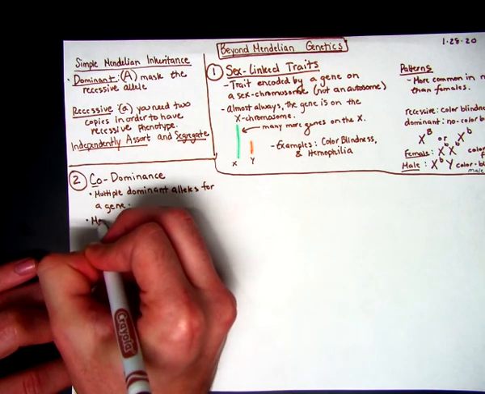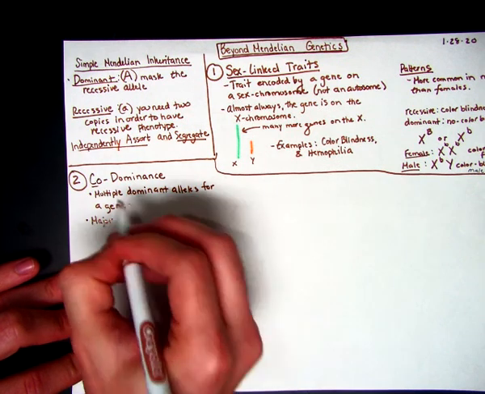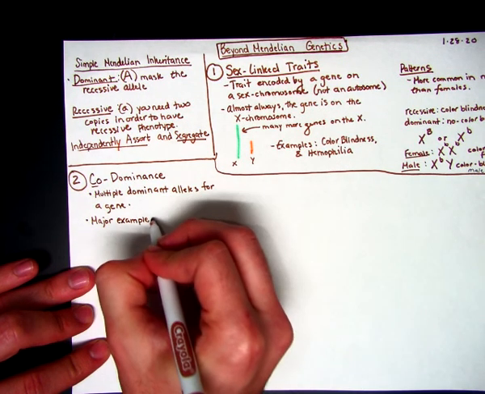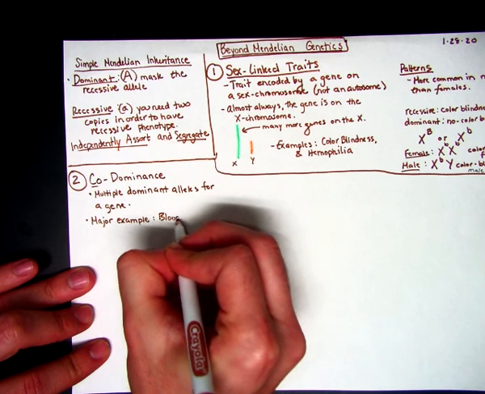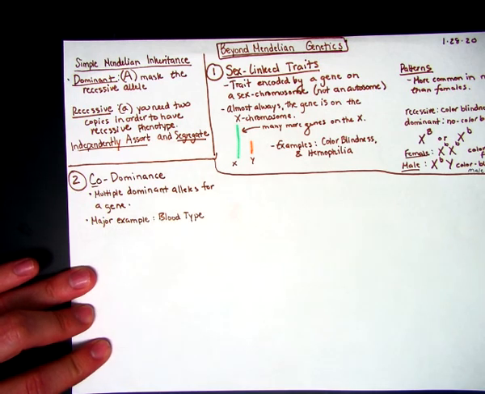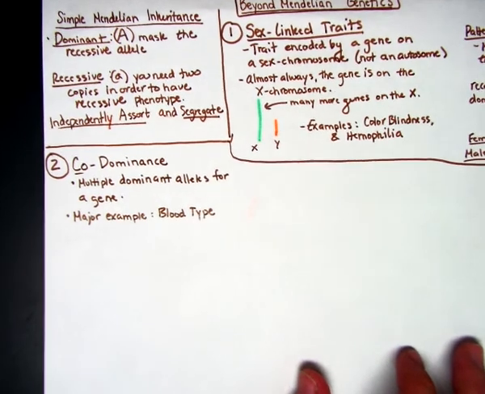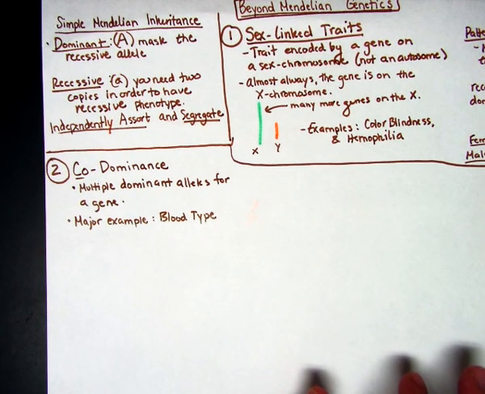The major example that you will see with this is blood type. Blood type is a trait that has multiple alleles for the gene that controls it.